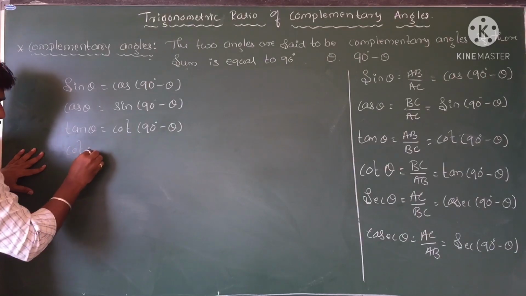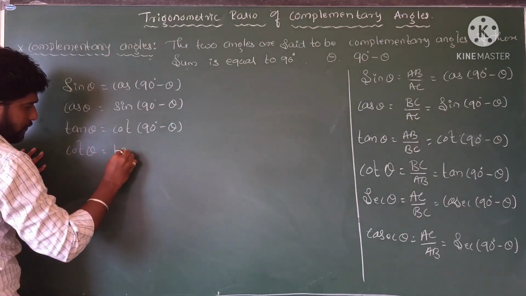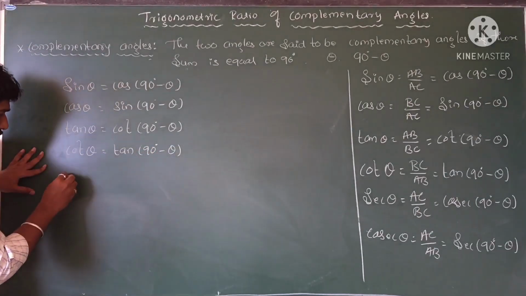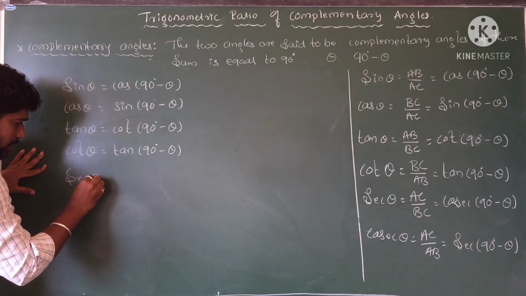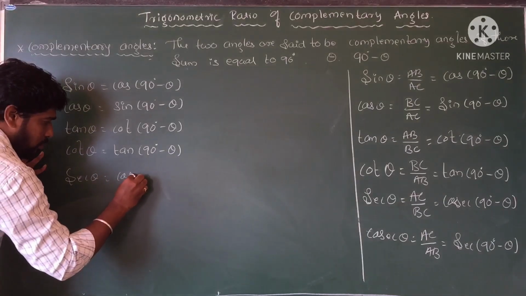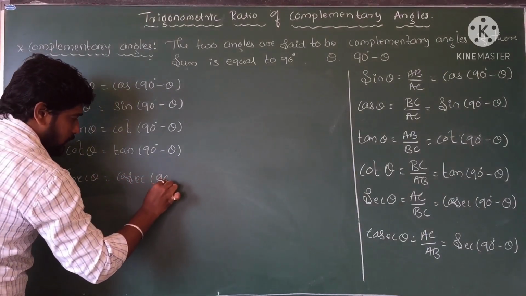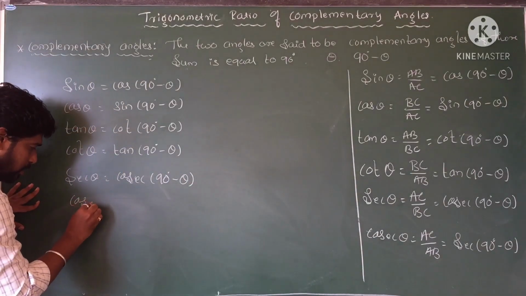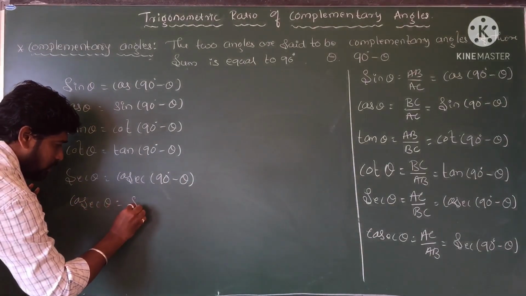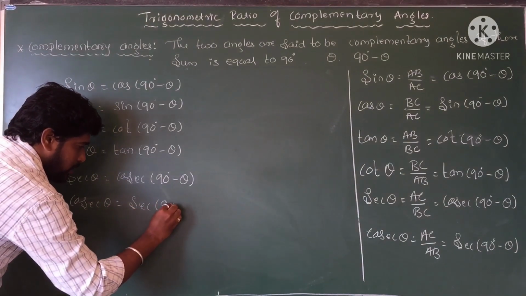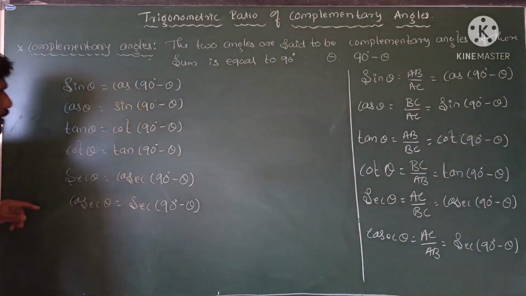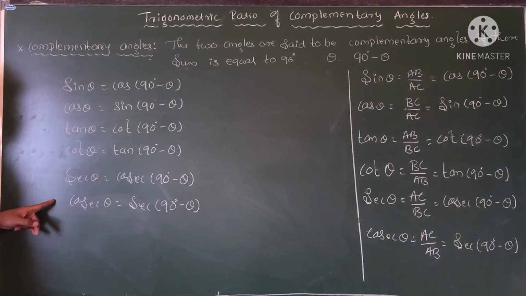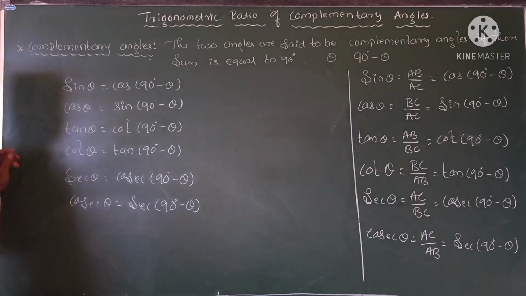Next, cot theta is equal to tan 90 minus theta. Sec theta is equal to cosec 90 minus theta. Cosec theta is equal to sec 90 minus theta. These are the trigonometric ratios of complementary angles, right?